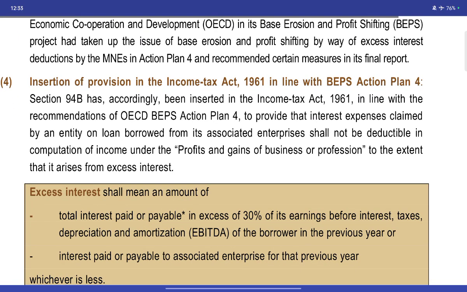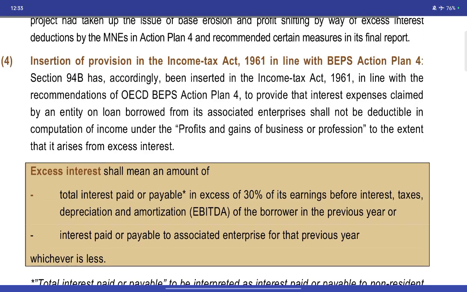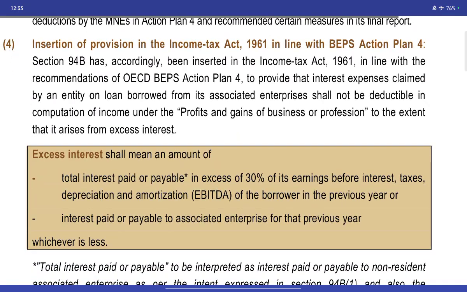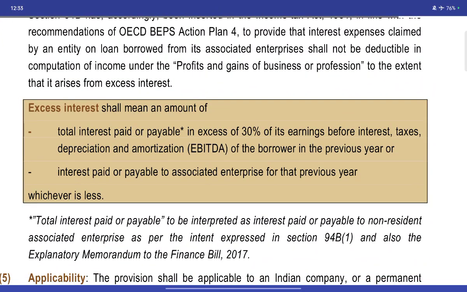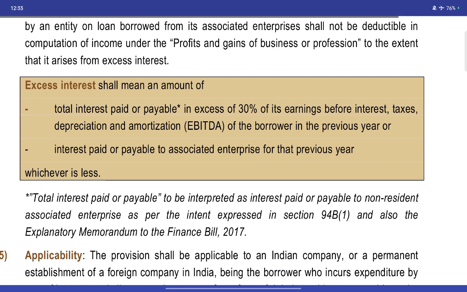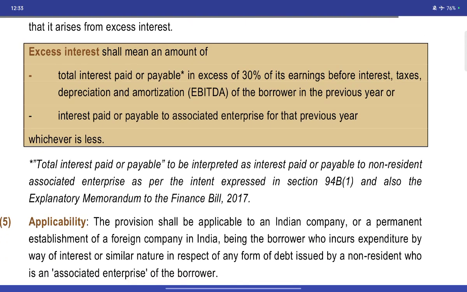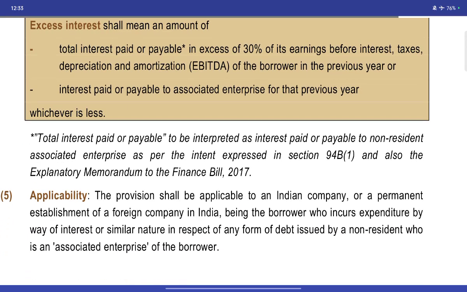The interest expenses claimed by an entity on a loan borrowed from associated enterprises shall not be deductible in the computation of income under the head profits and gains of business or profession to the extent that it arises in excess interest. Excess interest means total interest paid or payable in excess of 30% of earnings before interest, taxes, depreciation and amortization of the previous year, or the interest paid or payable to the associated enterprise of the previous year, whichever is less.